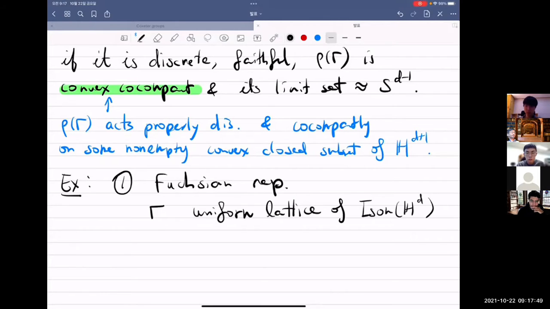This discrete group acting co-compactly, we usually call a uniform lattice of the isometry group of hyperbolic space.